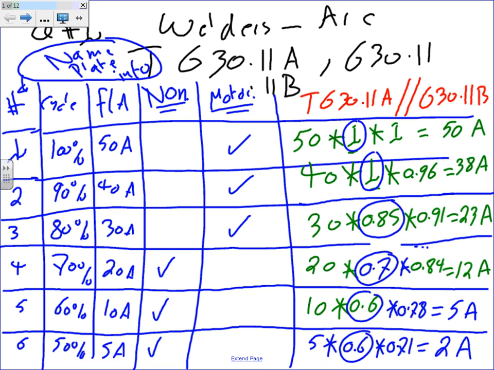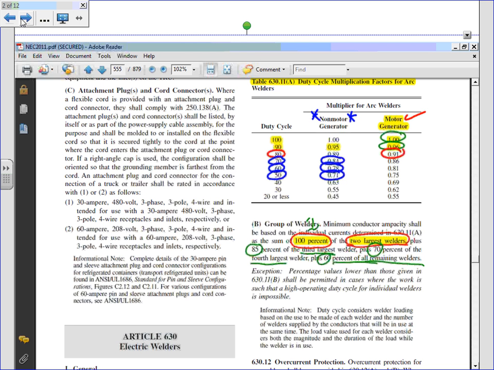Any question before I leave this? So there are 2 factors, Rob. Factor number 1 is the duty cycle multiplication factor, right in here. And factor number 2 is the group factor. Does that make sense? 2 factors.